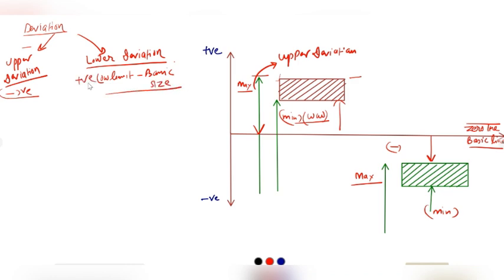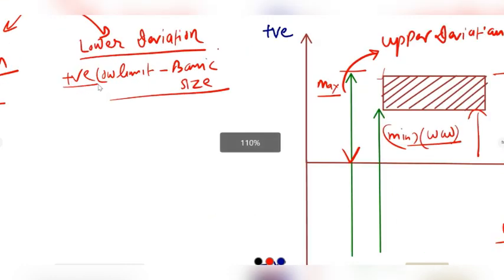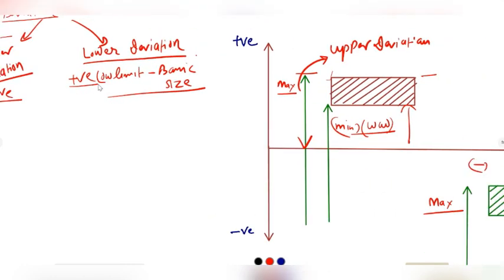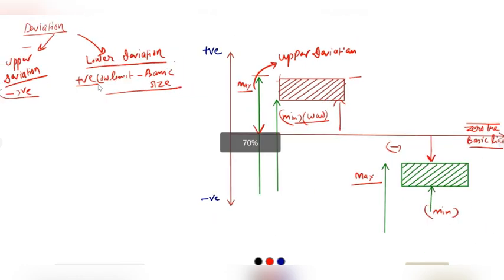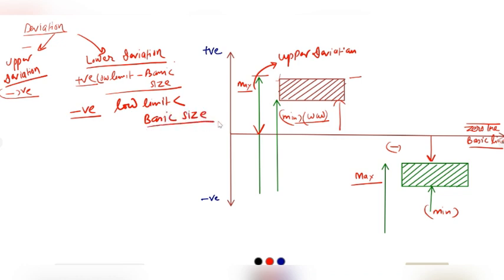It will be positive if lower limit is greater than the basic size, whereas it will be negative in case the low limit is less than the basic size. So this is all about the deviation, one important term.